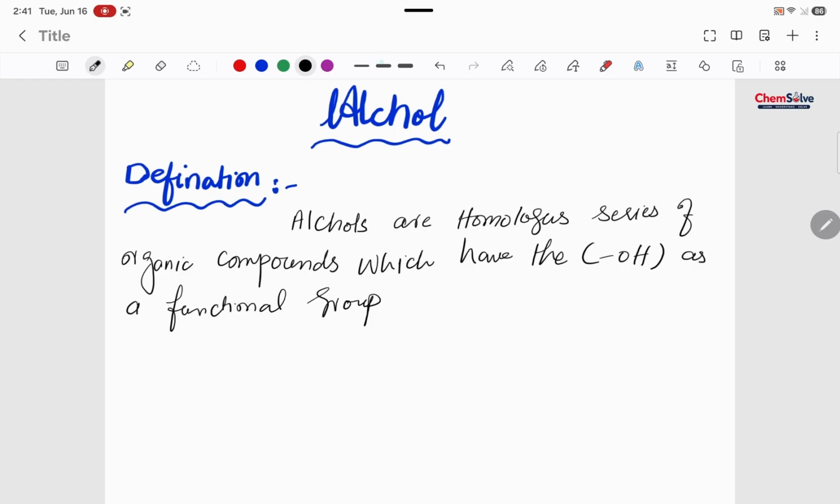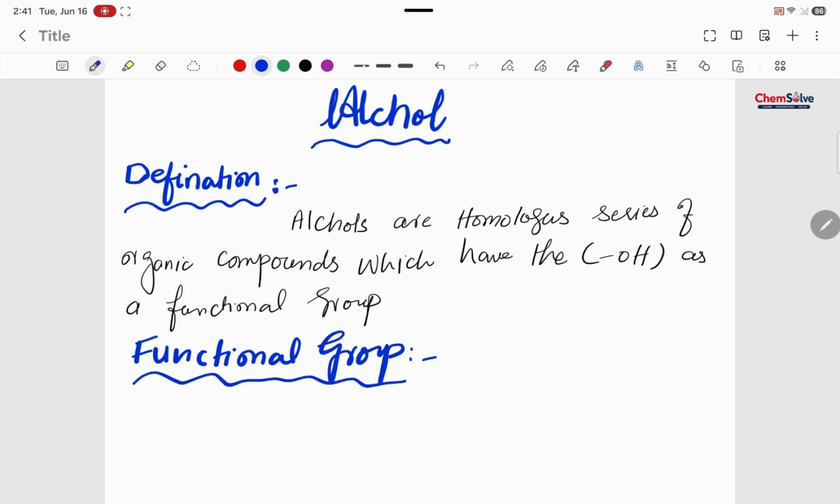So their functional group is OH. This is the recognition of alcohol. Whenever we will see the OH group in any of the organic compound, so we will categorize it as alcohol.